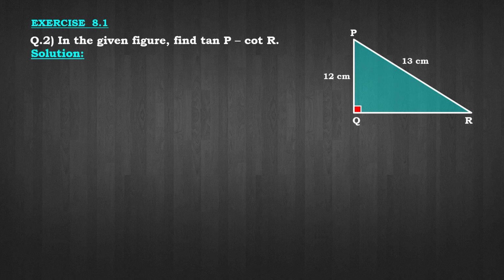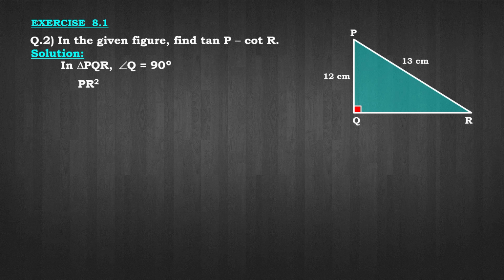Since the triangle is right angled at Q, the side opposite the right angle is PR. So, PR is the hypotenuse. To find the missing side QR, we use Pythagoras' theorem. According to this theorem, the square of the hypotenuse is equal to the sum of the squares of the other two sides.